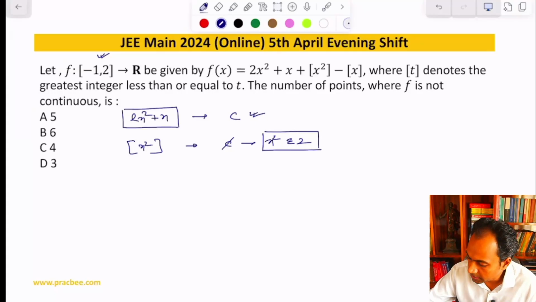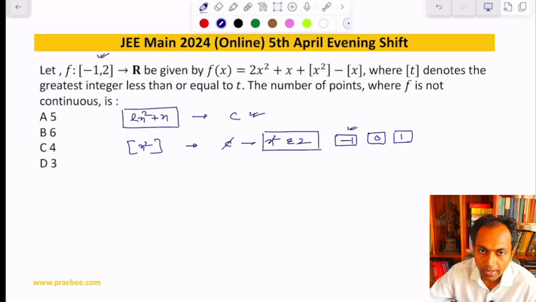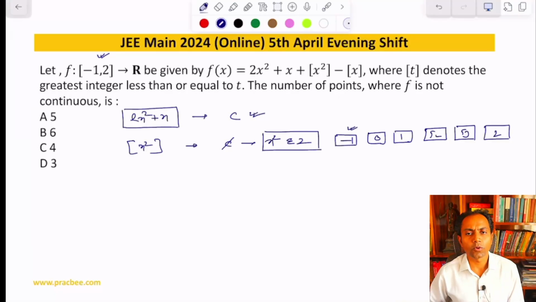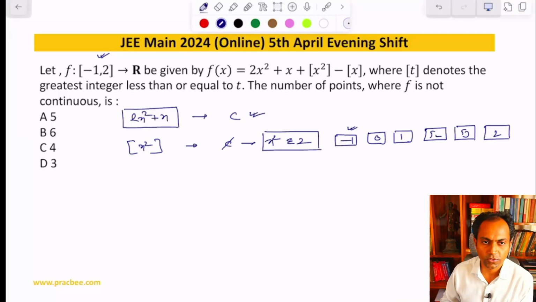It will generate points of discontinuity when I put the value as -1, at 0, then it will become discontinuous at 1 and ultimately at √2 and √3 and then fundamentally at 2. You can see that this many points would be the points of discontinuity for this function.